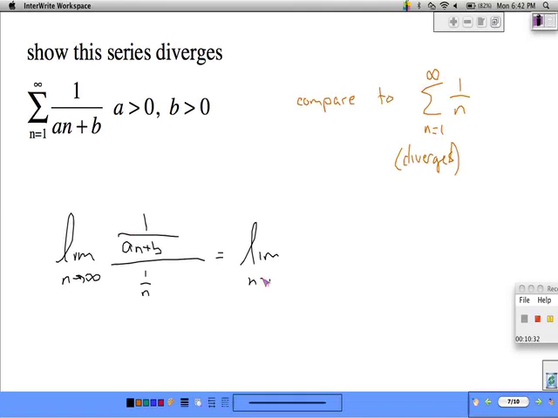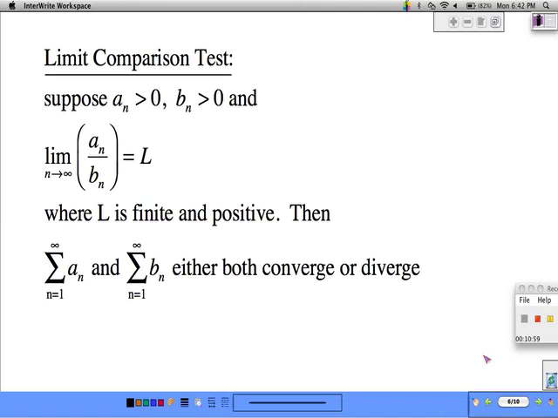And I can simplify this. I'm taking the limit of n over a times n plus b. This is equal to 1 over a, where since a is a positive number, this limit is a finite value and it's positive.